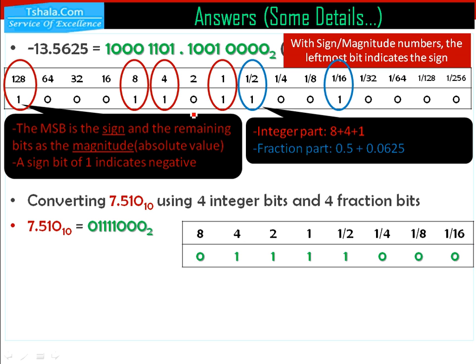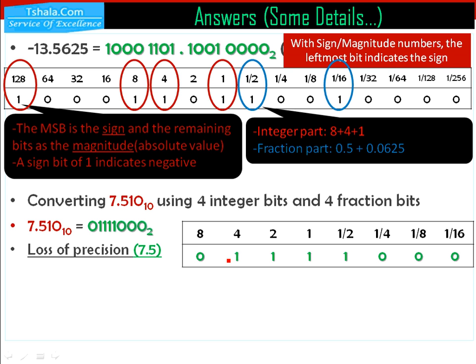When converting 7.5 decimal, it also told us clearly that we use 4 integer bits and 4 fraction bits. We do the conversion with place values as we've done before, and we see where to put the one.